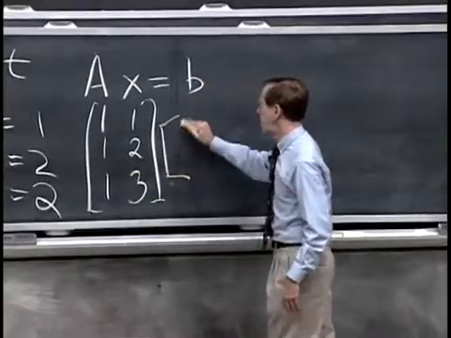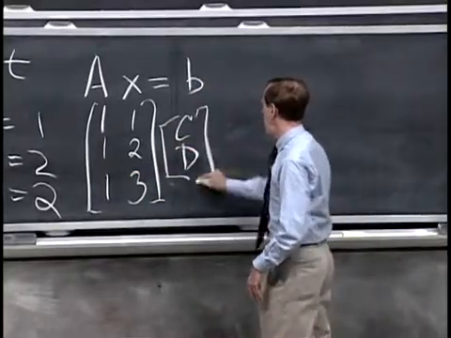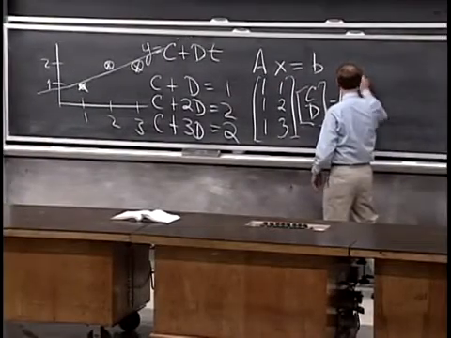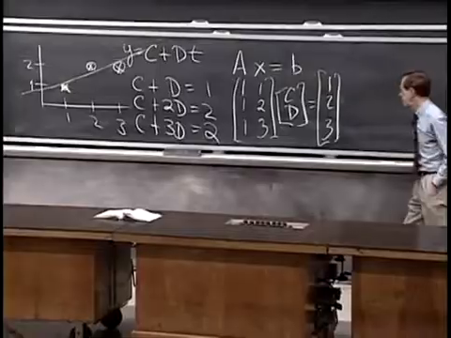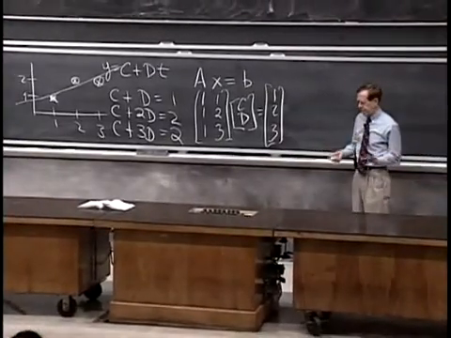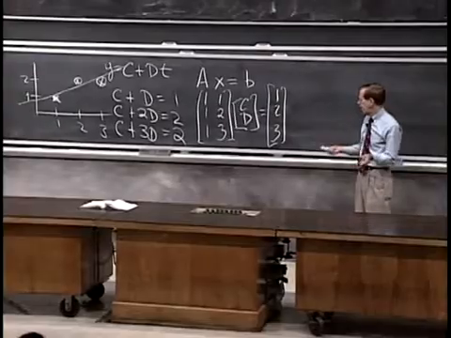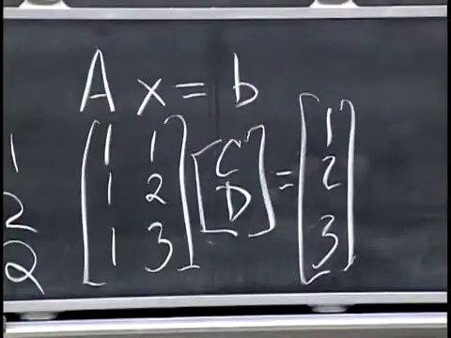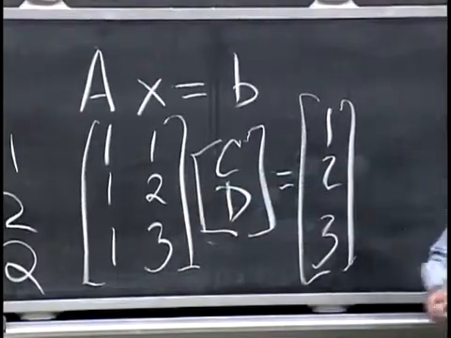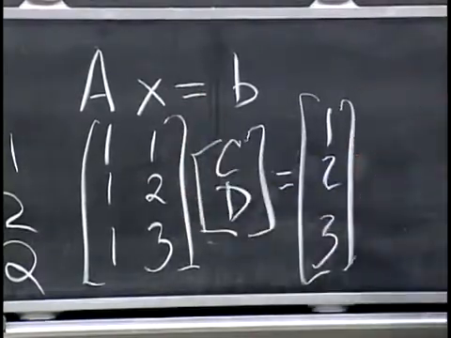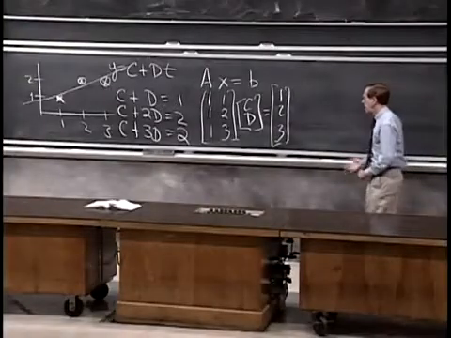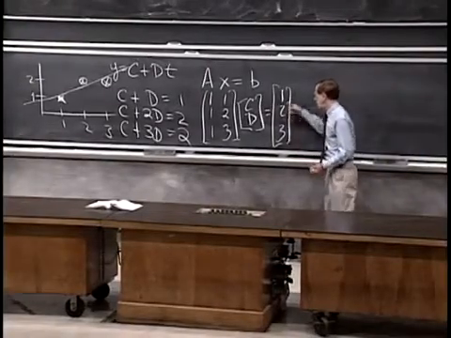X, I only have 2 unknowns, C and D. And B is my right-hand side, 1, 2, 2. Okay. No solution. I have a 3 by 2 matrix. I do have 2 independent columns. So I do have a basis for the column space. Those 2 columns are independent. They're a basis for the column space. But the column space doesn't include that vector.